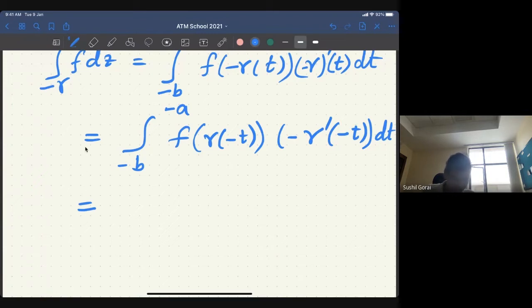Now we make a change of variable, t to minus t.